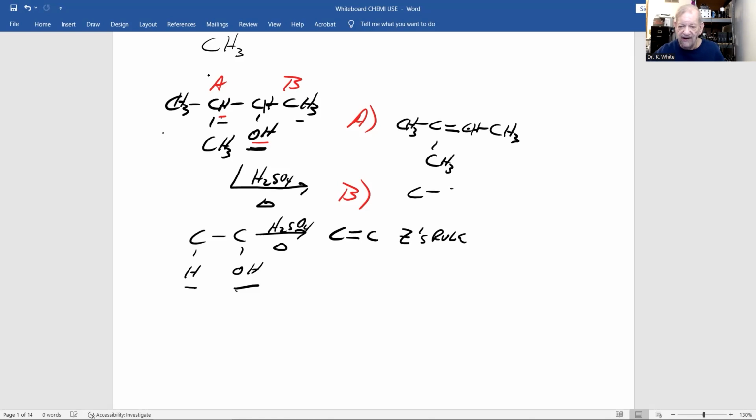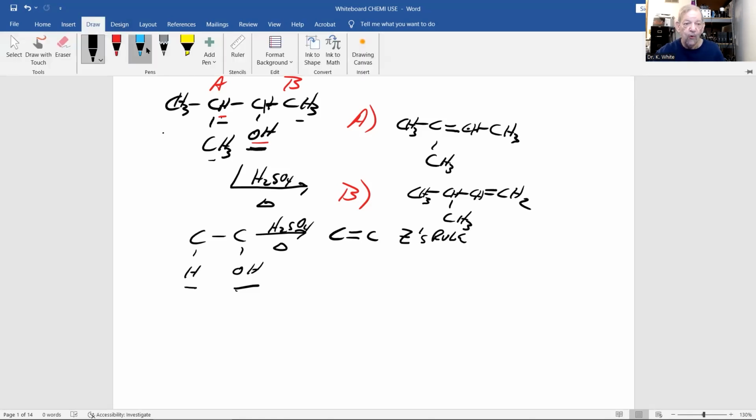Do you break carbon-carbon single bonds? No. So I have 4 carbons plus this methyl, and the double bond will be between these two carbons. And the question is, which one is the product you get?